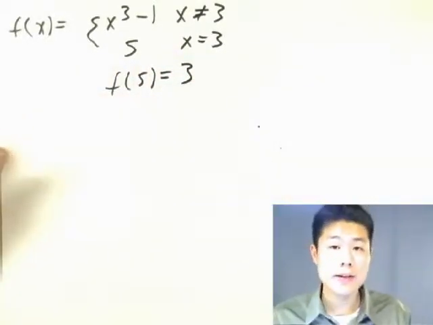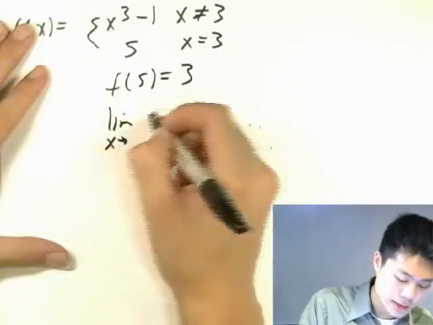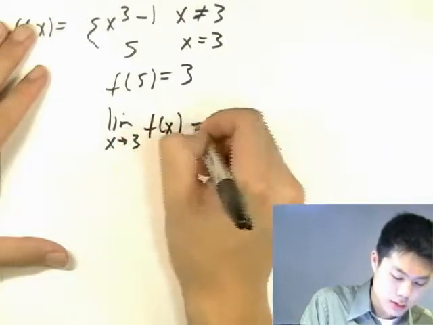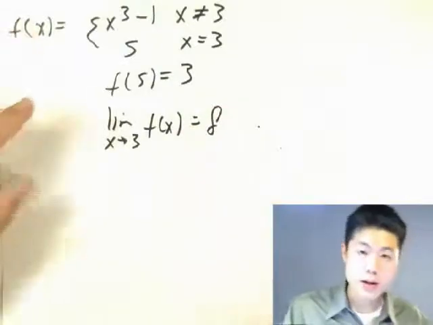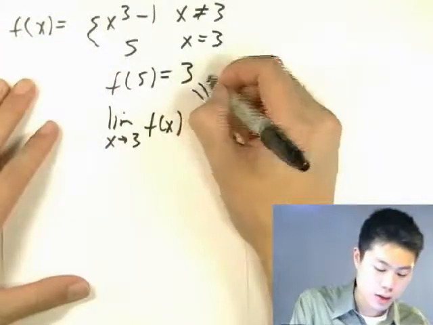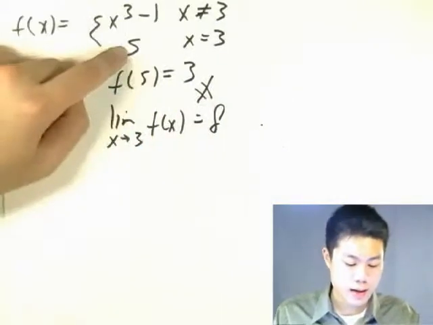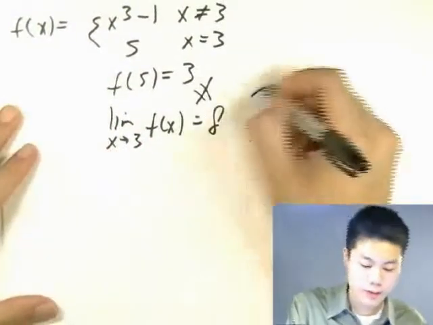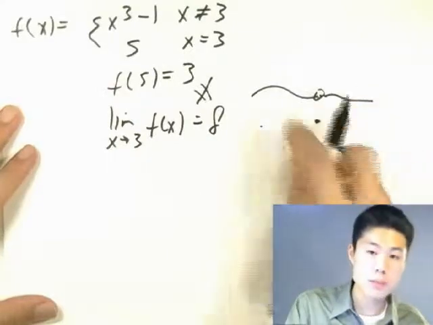The limit also exists, and it's equal to 9 minus 1 equals 8. However, the function does not equal the limit. So these two are not equal, and therefore the function is not continuous at x equals 3. So more or less we have a jump there.